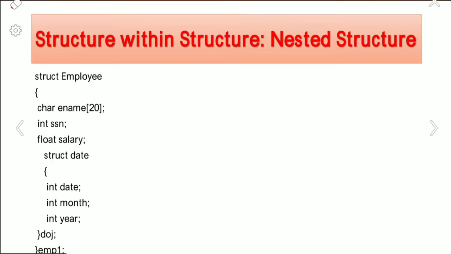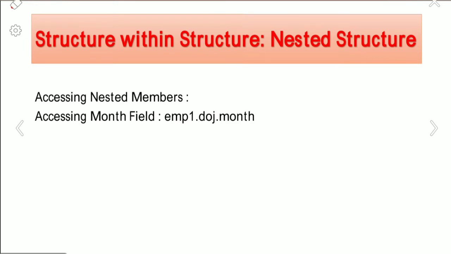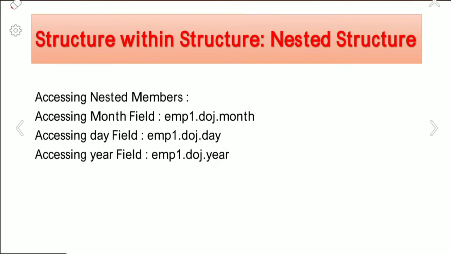Now let us see how to access the nested members. Accessing the month field: employee1 dot date of joining dot month. Accessing the day field: employee1 dot date of joining dot day. Accessing the year field: employee1 dot doj dot year.